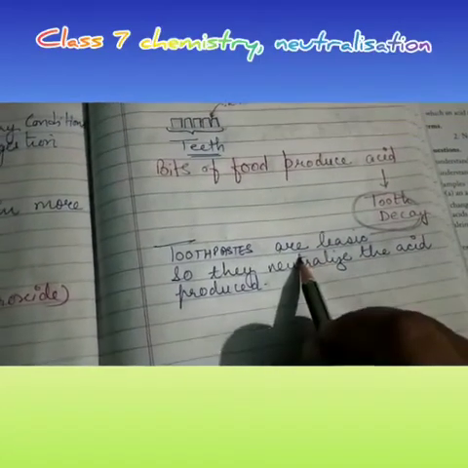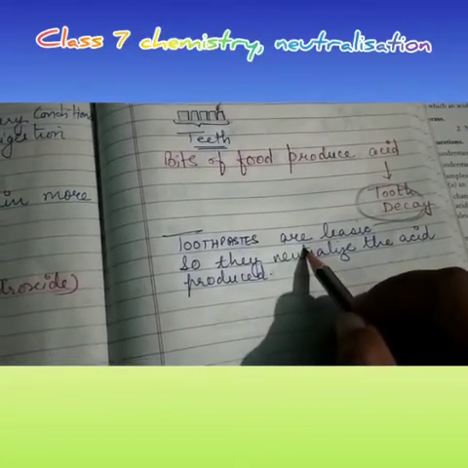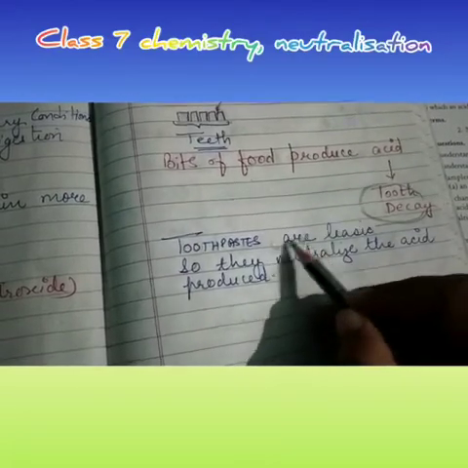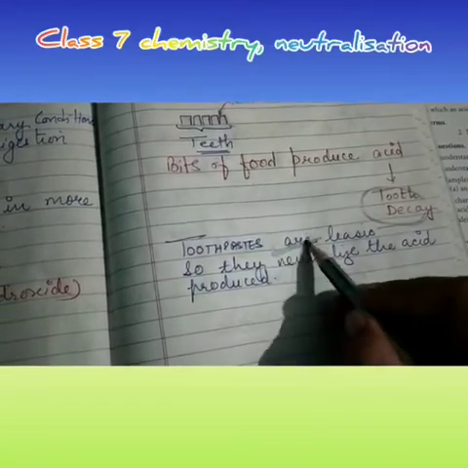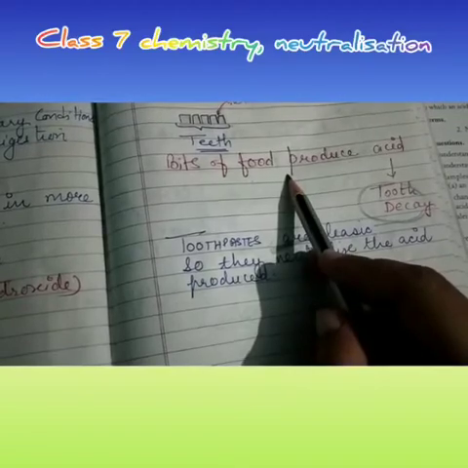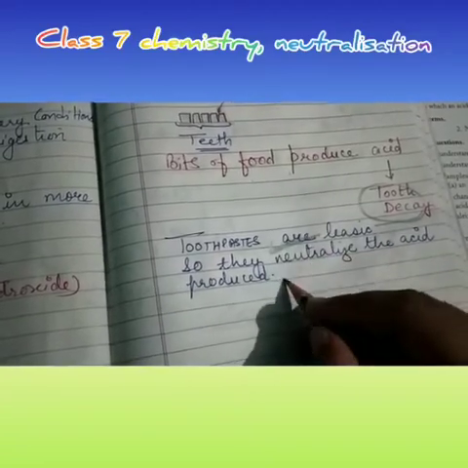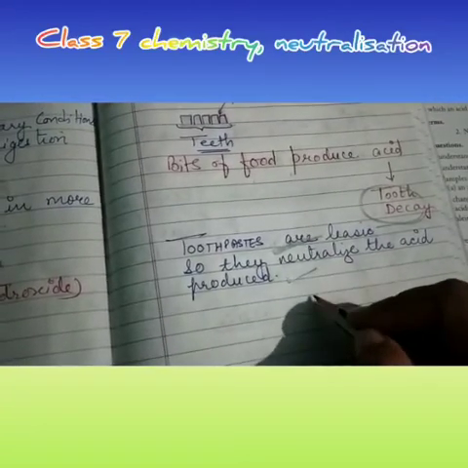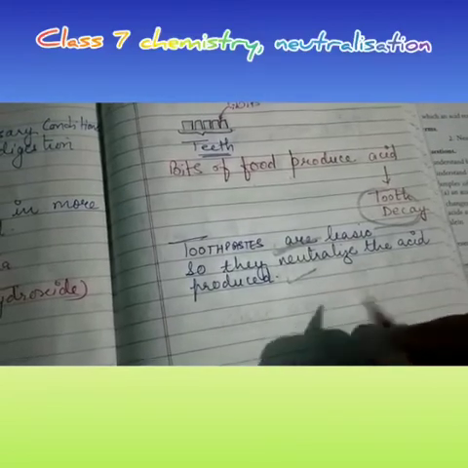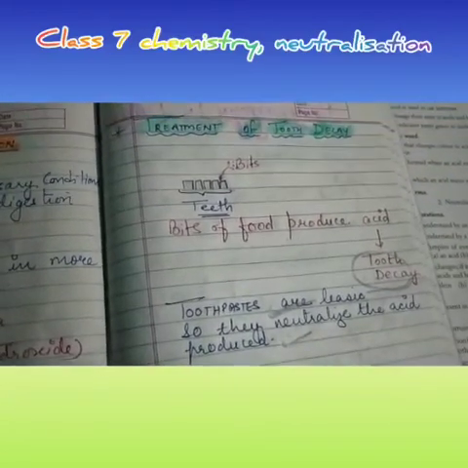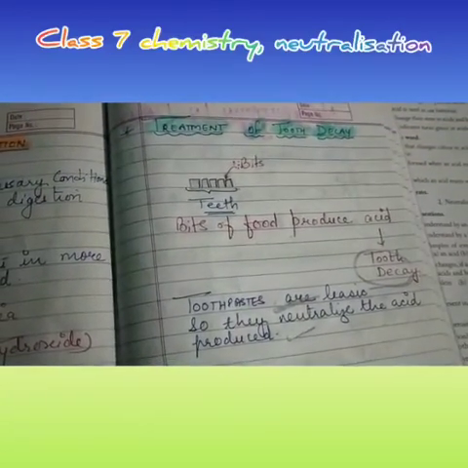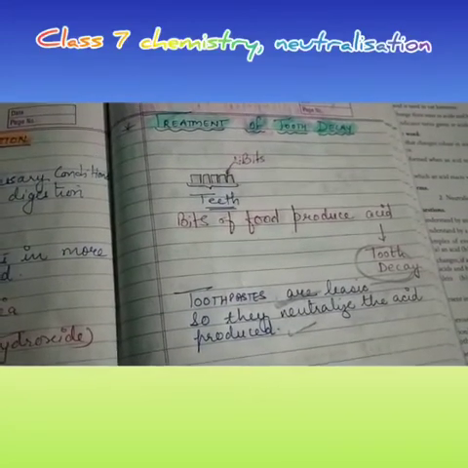Now, when we brush using toothpaste, toothpastes are of basic nature. So they neutralize the acid produced between the teeth inside the mouth, and thus they prevent bacterial growth and prevent the teeth from decaying. So this is the use of neutralization in treatment of tooth decay.